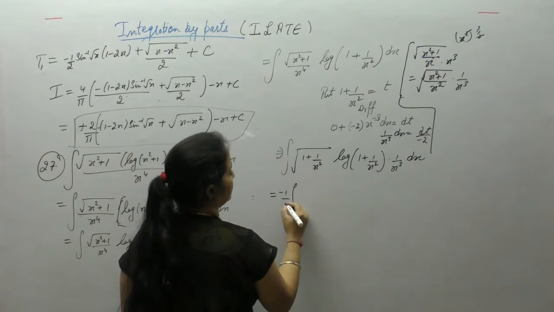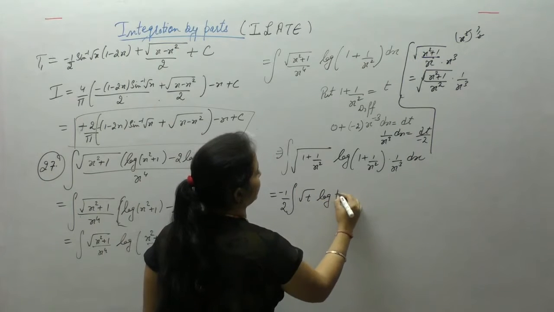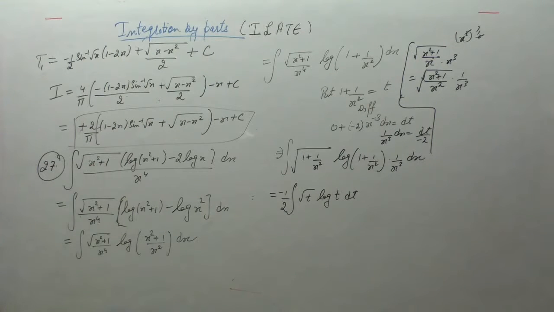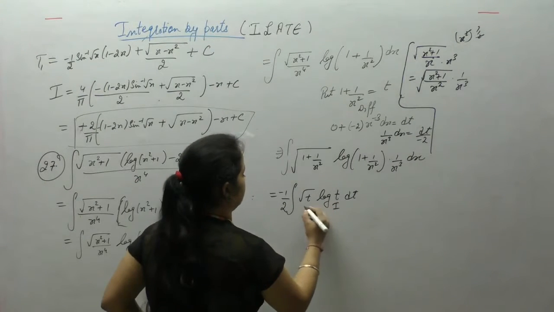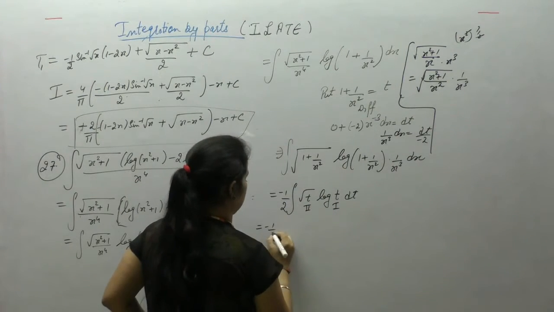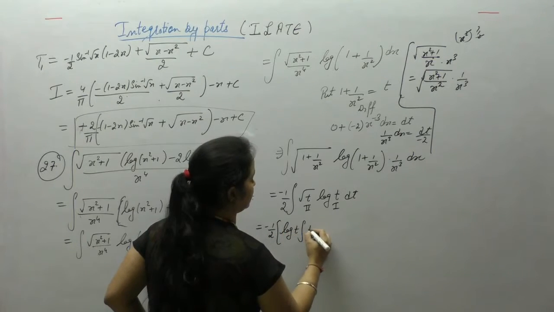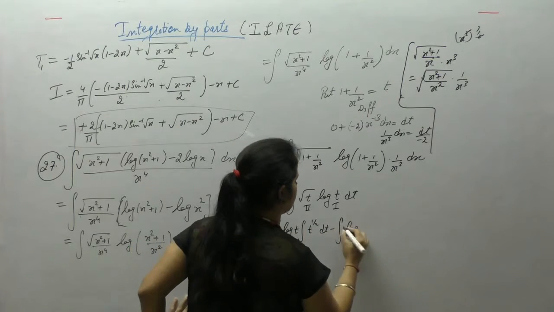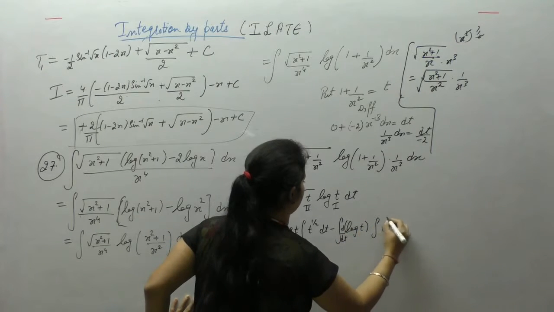Now put the value: square root of t log of t dt. Now logarithmic function as first and algebraic as second. First, integral of second, minus integral of derivative of first, integral of second.